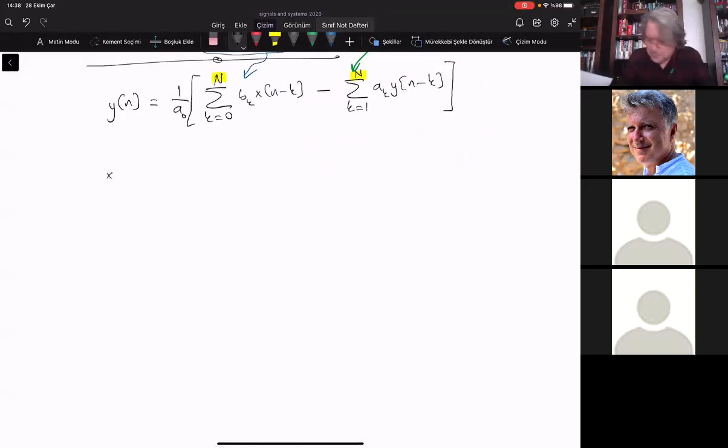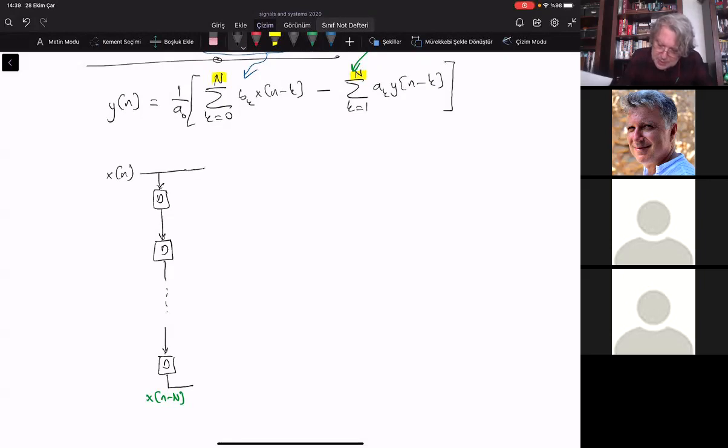We will have the input, x of n, and the moving parts will give me the delayed version x of n minus 1, and further delayed version will give me x of n minus 2, etc., until the last delay element, which will give me x of n minus capital N. So here I have x of n minus capital N. I have delayed capital N many times.